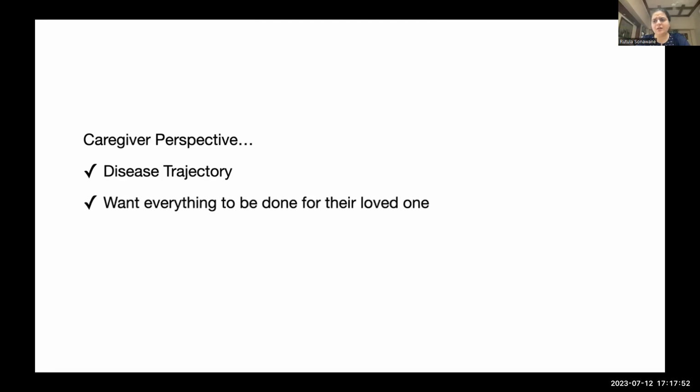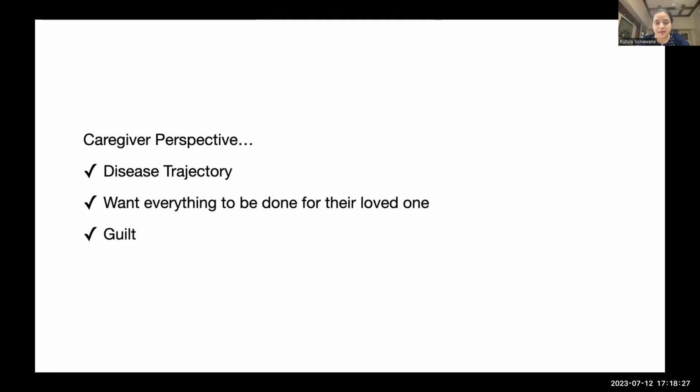And of course, they want everything to be done for the patient, because they're loved ones. So they don't accept the fact that we might not go for further care, or rather escalating it to further care, or withdrawing from a certain life supporting treatment. They are not ready to accept that. They have certain guilt amongst them as well, that they are not doing what can be done. They are thinking more in terms of not giving the treatment rather than what can be done.